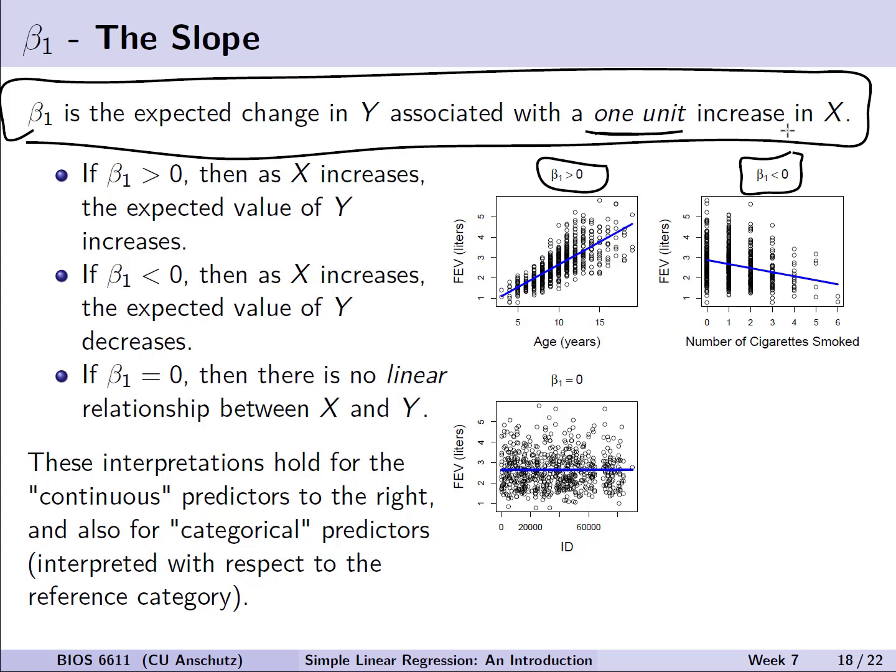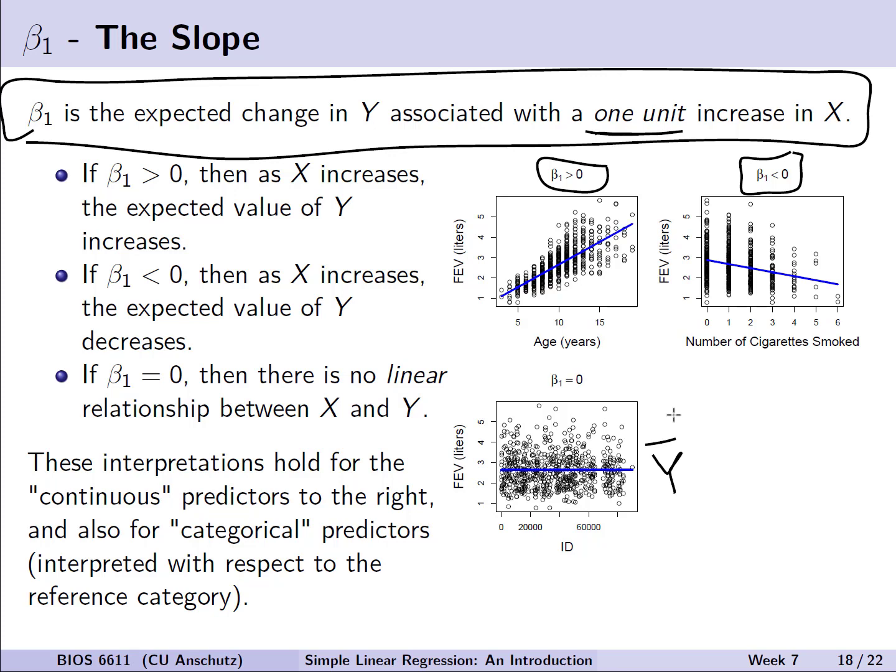Unsurprisingly, the more cigarettes one smokes, the lower their FEV will be. And if beta 1 is exactly 0, we would say there is no linear relationship between x and y. For example, getting back to the idea of calculating our average FEV across IDs, there's no reason for us to expect a meaningful ordering.